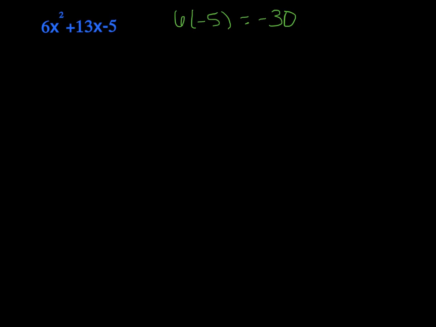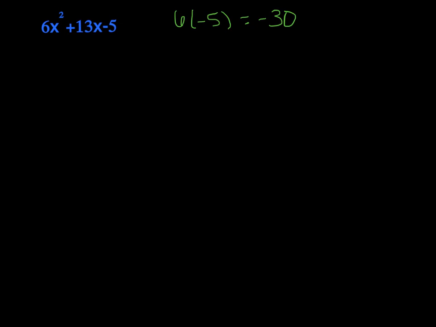So now we need to find 2 values. These are going to be the magic numbers, m and p, such that their product is negative 30. So when you multiply them together, it's negative 30. And when you add them together, we get 13. Those are our steps from above.